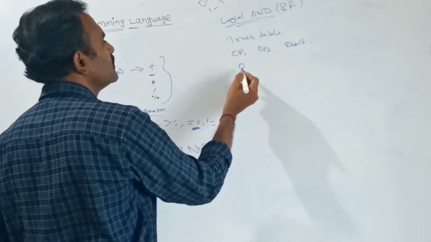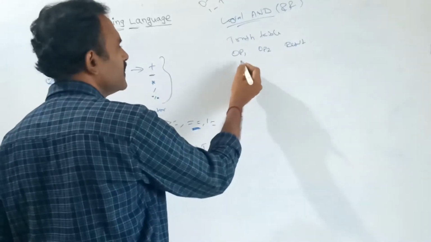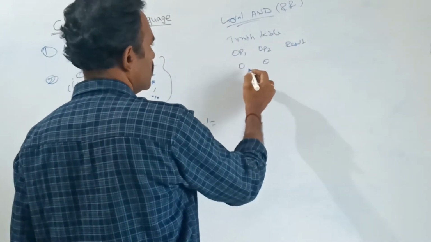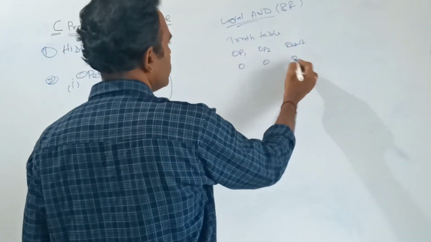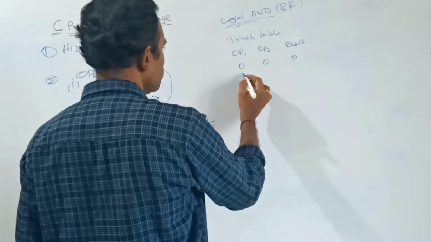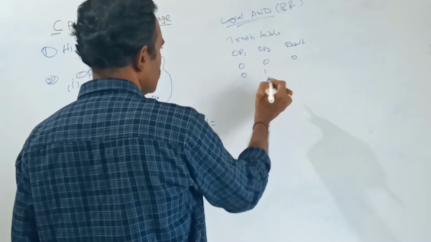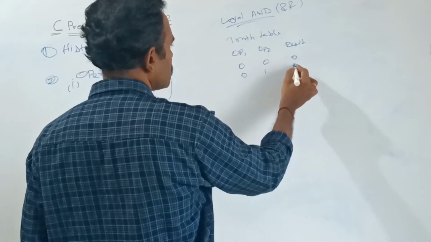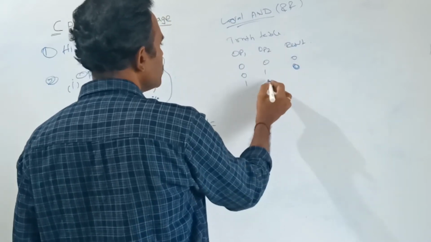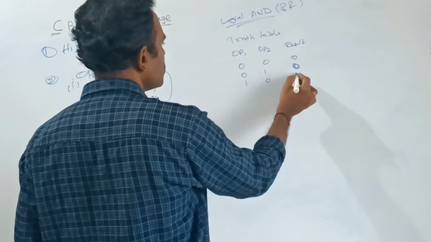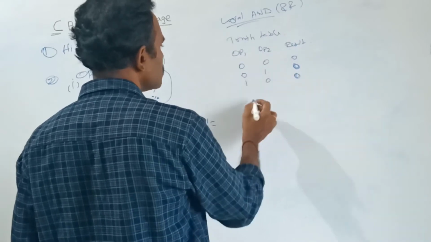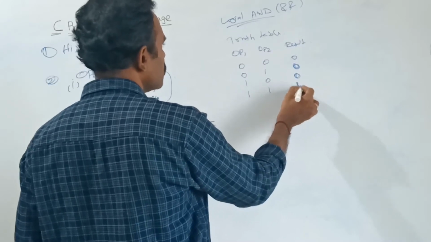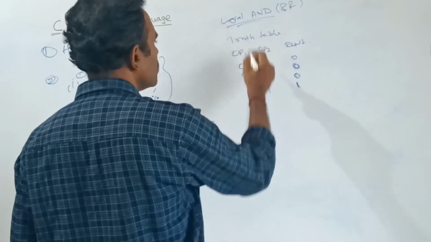We can give 0 or false. If both operands have false values, the result will be false. If the first operand is false and the second operand is true, then also the result will be false. If the first one is true and the second one is false, then also the result will be false. If both values are true, the result will be true. This is the truth table of logical AND.